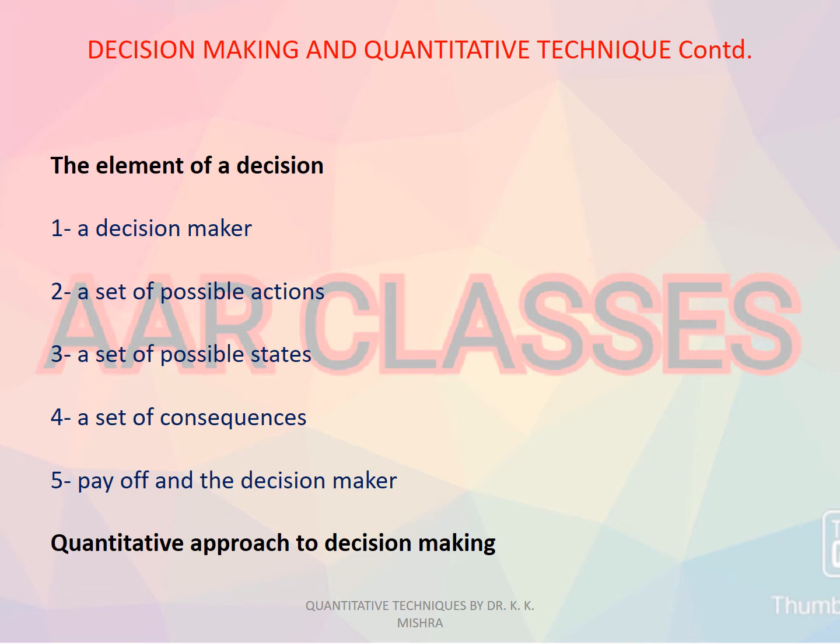Second is a set of possible actions that may be taken to solve the decision problem. Third, a set of possible states that might occur. Fourth, a set of possible consequences, by which we mean the payoffs associated with the various combinations of courses of action and the states that may occur, and the relationship between payoff and the values of the decision maker.